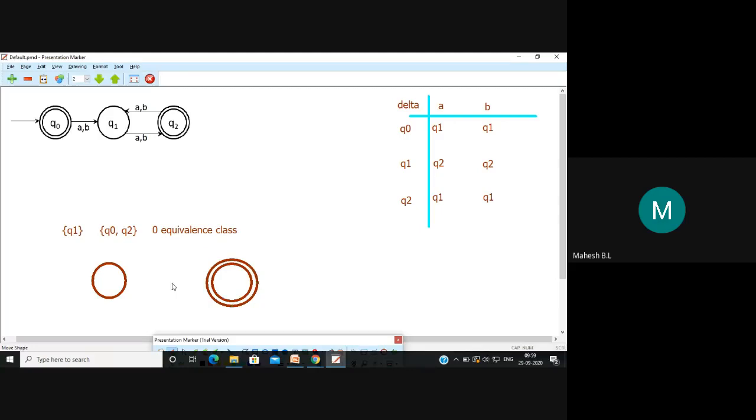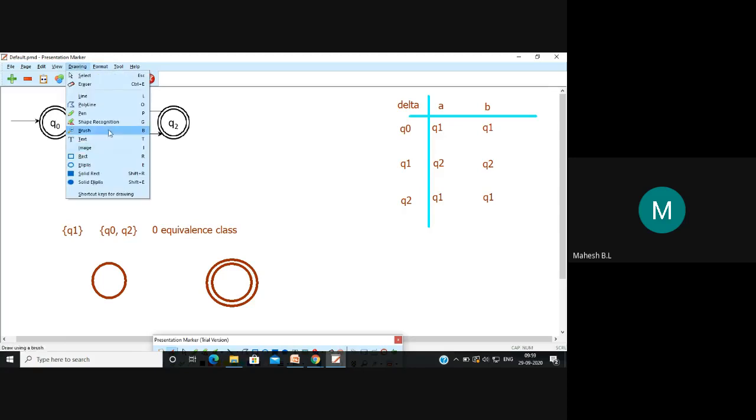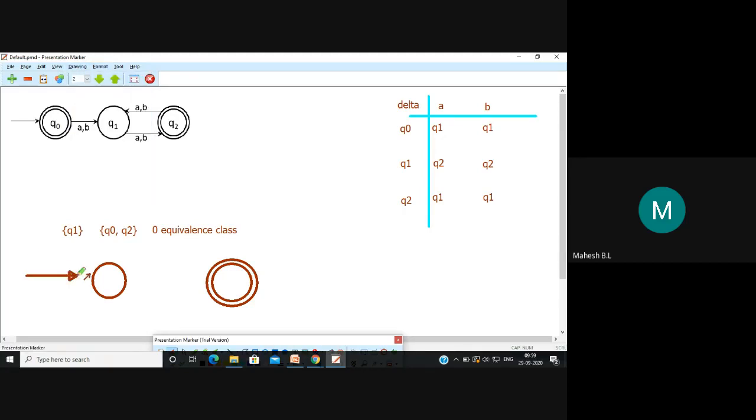Now, this is not the initial state, sorry. The initial state remains the same.